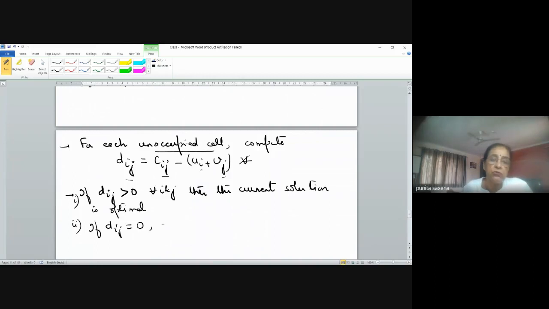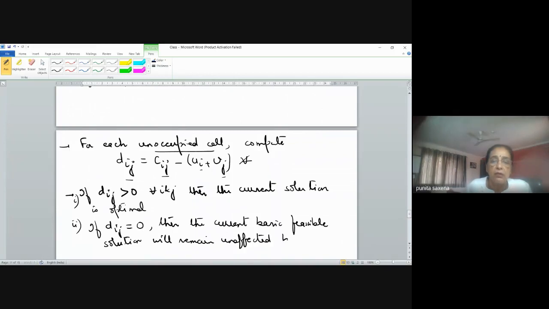If Dij is equal to 0, then the current basic feasible solution will remain unaffected, but an alternate route exists.